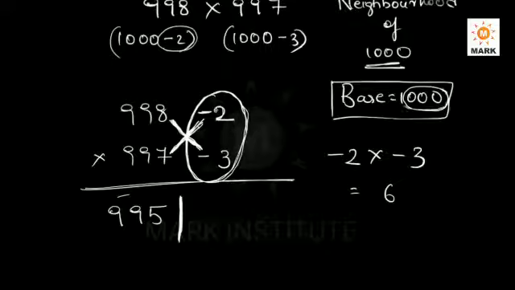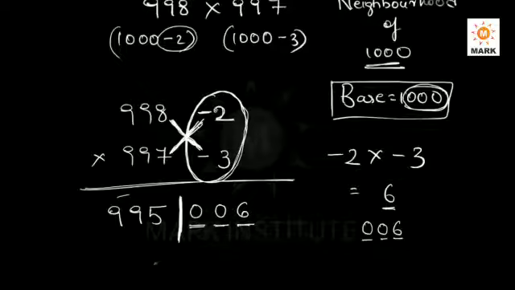How many zeros are there in 1000? 3. So you have to write 3 digits here. 6 can be written as 006. So your answer is 995006.